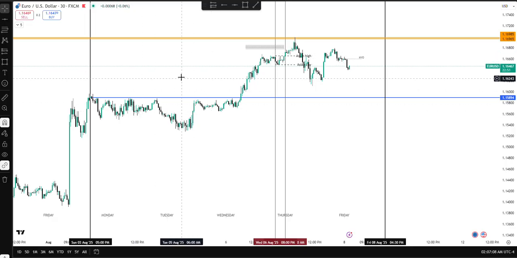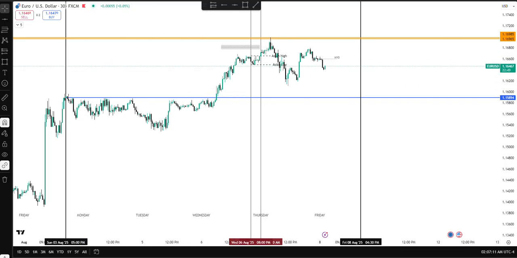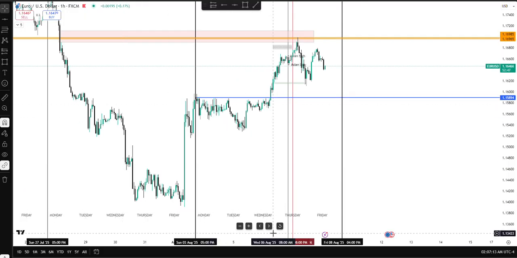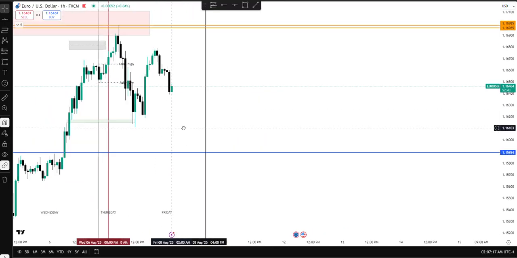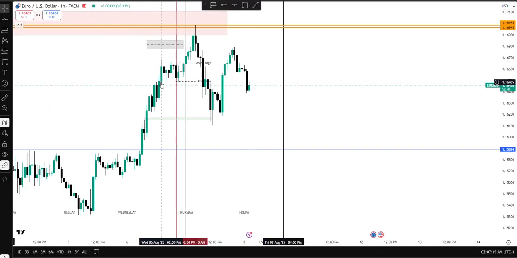So we'll go to the hourly chart now, and we'll go over the interbank system from 2 p.m. till 8 p.m. We look for a consolidation phase.